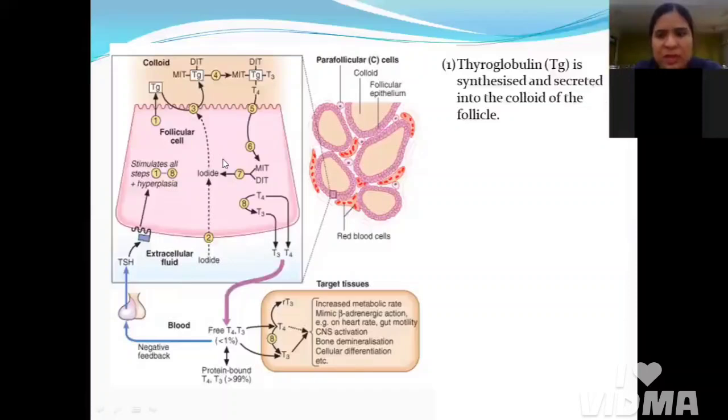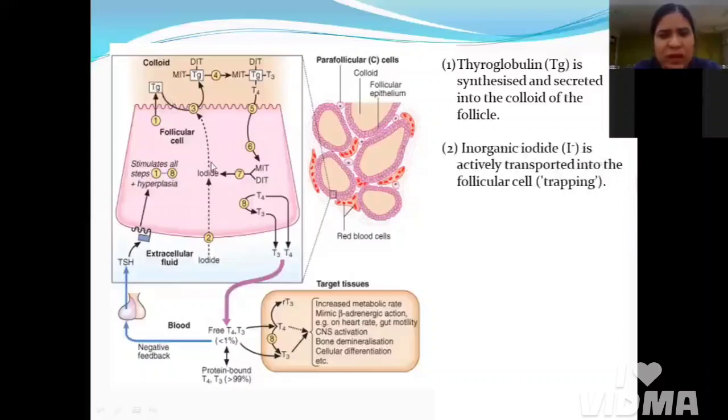Okay, the first step is thyroglobulin, that is short form TG, is synthesized and secreted into the colloid of the follicle. So these follicular cells, you can see the number 1, TG is produced and secreted in the colloid. Okay. Then the inorganic iodide is actively transported into the follicular cell.